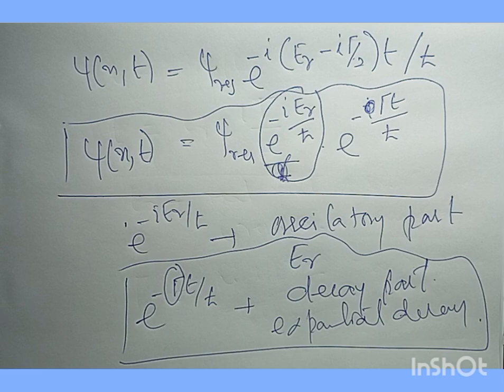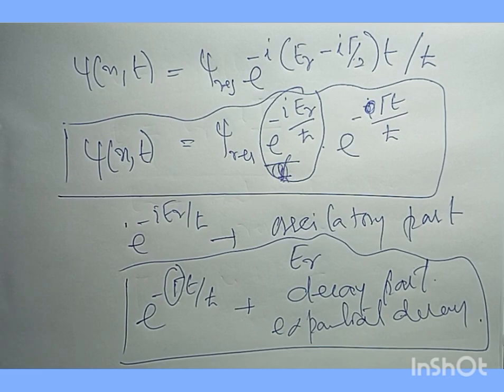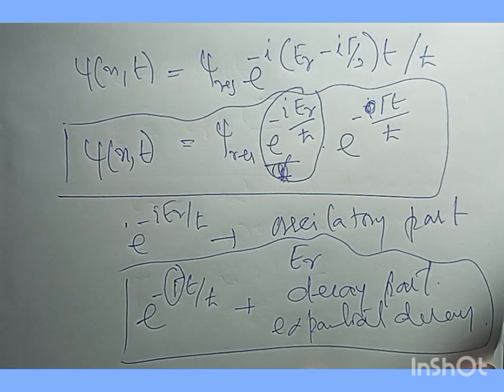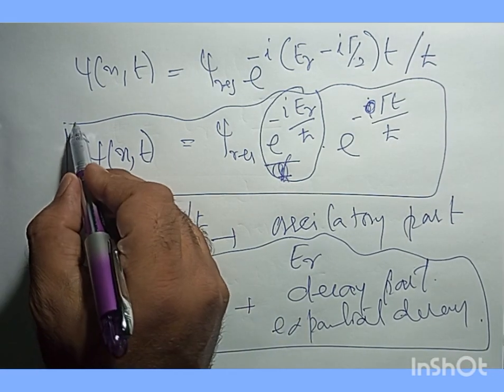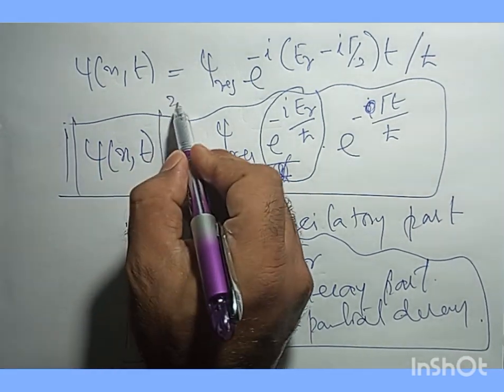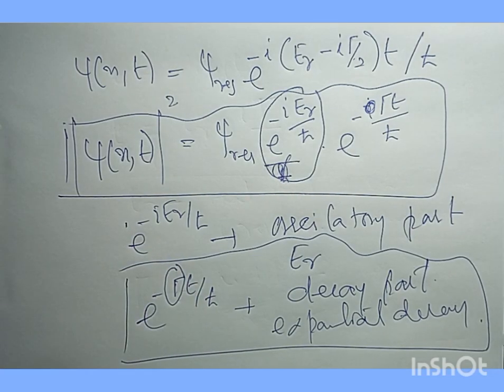Now, if I have to write down the total probability for finding the particle in this quasi-bound state, what should I do for that? I would like to take the mod square of this equation, right?